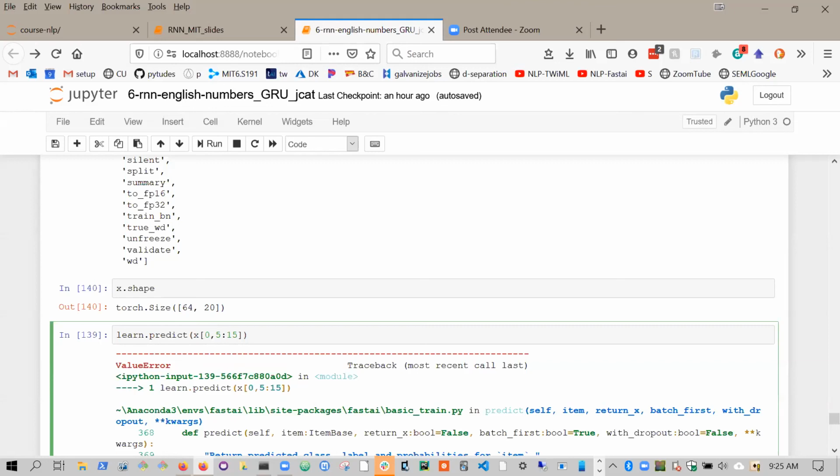I think that when Jeremy was first making the course a couple of years ago, LSTMs were the big breakthrough, like the Wikitext model that he and Stephen Merity did, and also the other fellow, Sebastian Ruder.